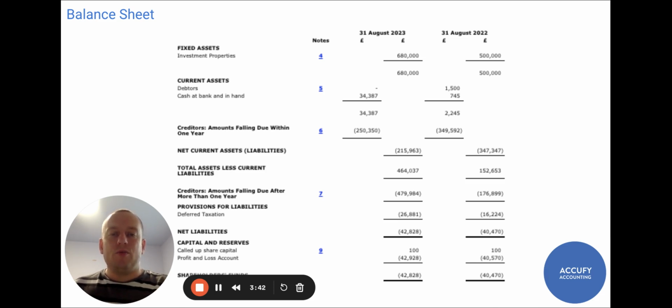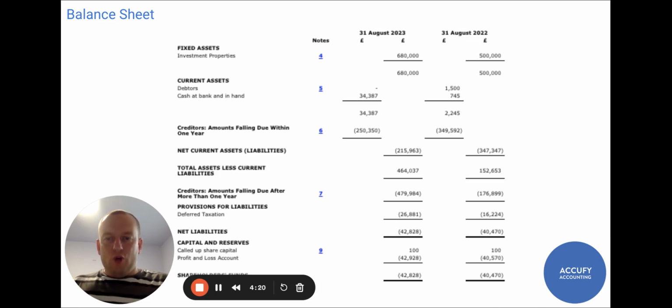As mentioned though, with a property investment company, it can be a little bit misleading because even though on the face of it this is showing that this company in particular is going to struggle to pay off its short-term debts because its current assets are significantly less than its current liabilities, actually, the bulk of this company's current liabilities are the director's loan account, and so therefore it is a little bit misleading because of this fact that it's a director the money is owed to rather than like a bridging lender, for example.